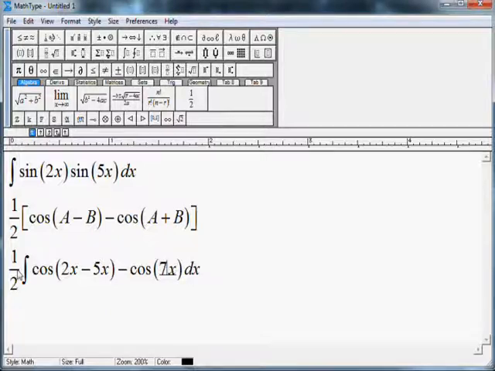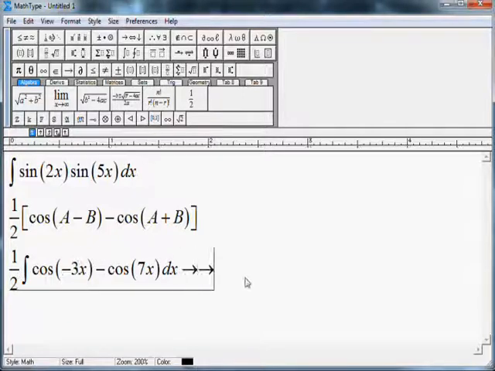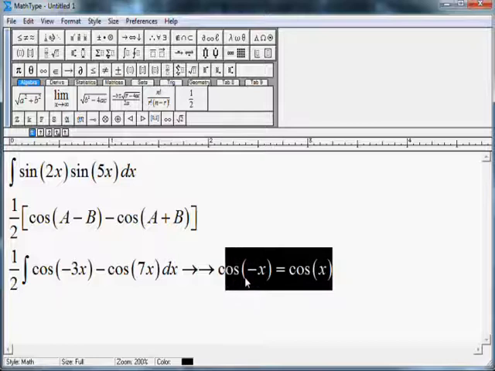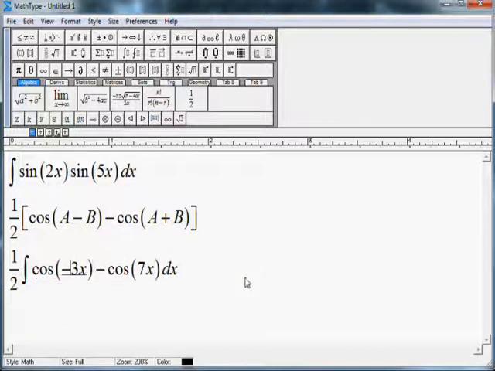And you can simplify this to 7x, and you can simplify this to -3x. Now the cosine is an even function, meaning, just a little aside here, that the cosine of -x is equal to the cosine of x, as opposed to the sine function, which is odd, where the sine of -x is equal to negative sine of x. So using that knowledge, we could just take away that negative and write it like that.